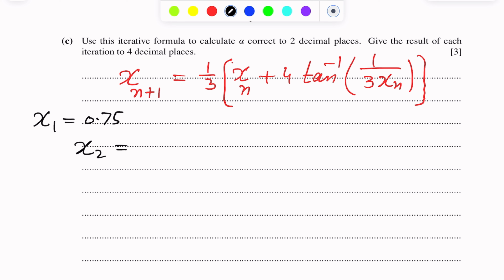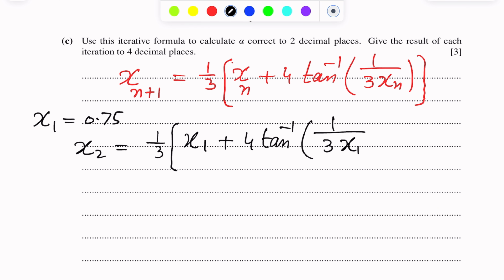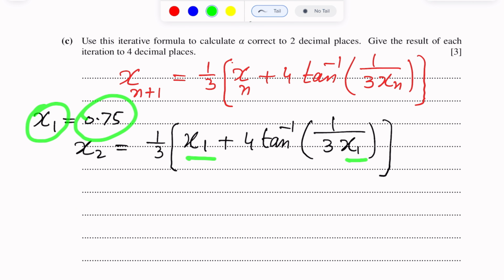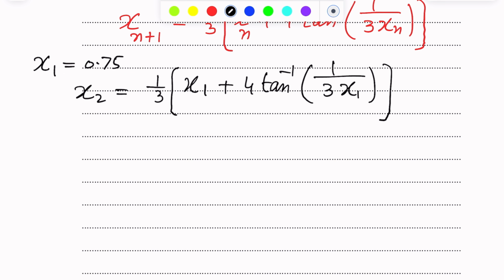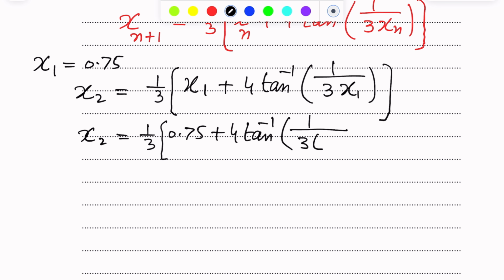Putting the value of x1, x2 will be 1 over 3 x1 plus 4 tan inverse 1 over 3 x1, so x2 will be 1 over 3 into 0.75 plus 4 tan inverse 1 over 3 into 0.75.